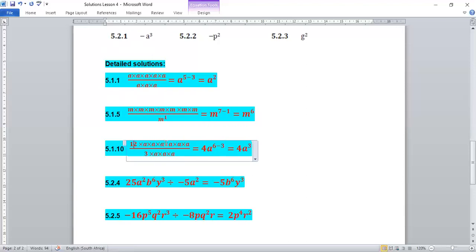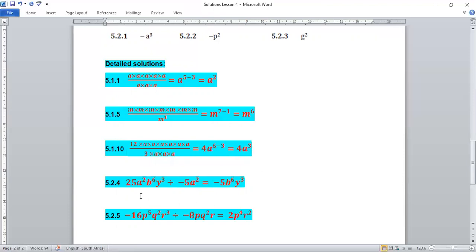And then all the a's in expanded form translates to exponent 6 subtract 3. Similar to this. 6 minus 3 is 3. 4a cubed is your final solution.